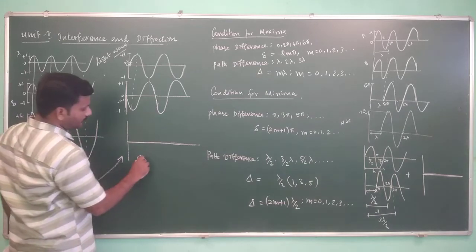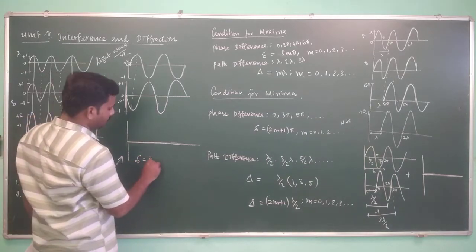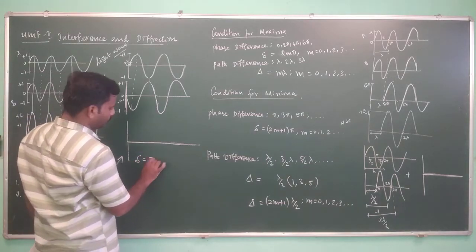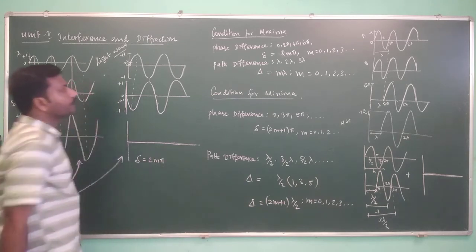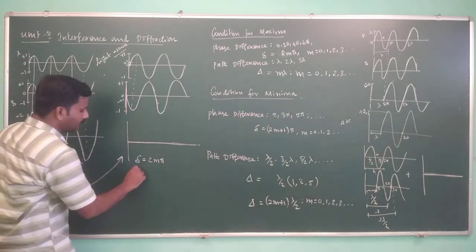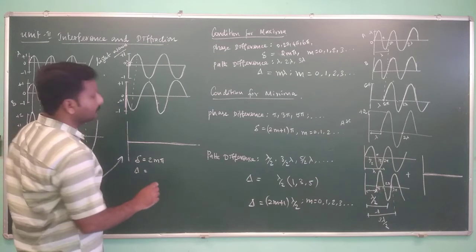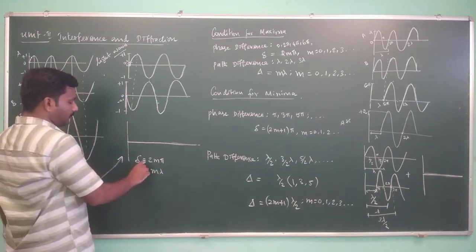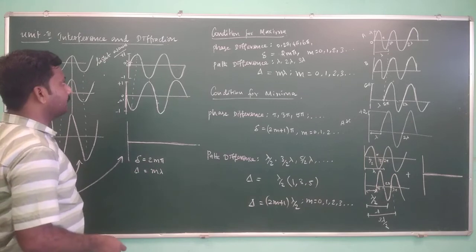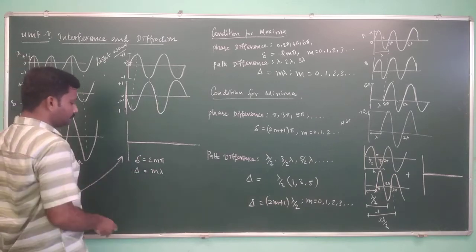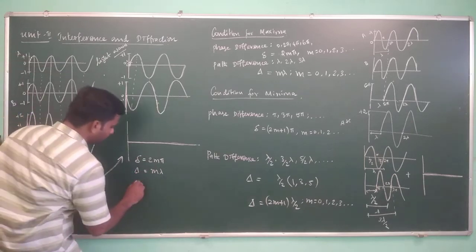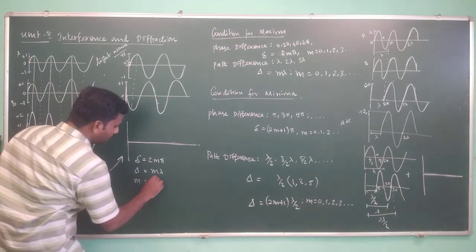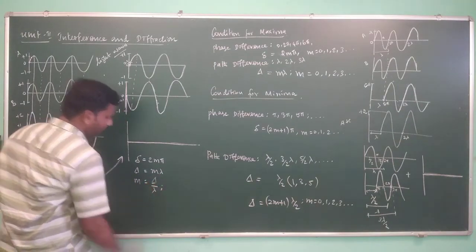Phase difference delta is equal to 2m pi. Path difference delta equal to m lambda. We need to create a connection between these two. So we write this in terms of m. m equals delta by lambda.